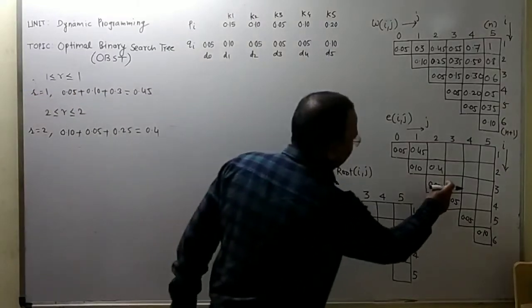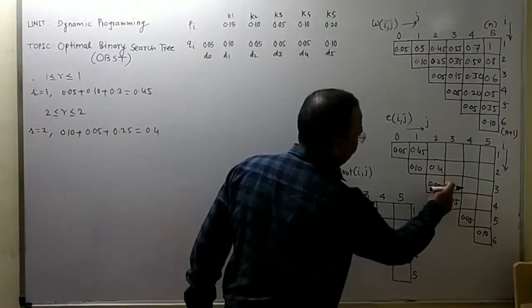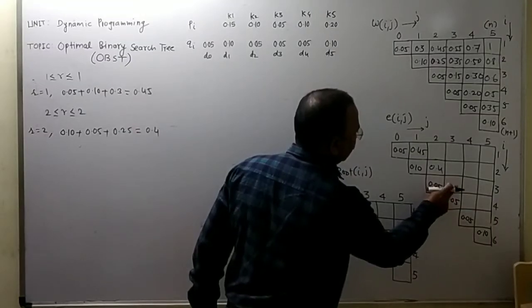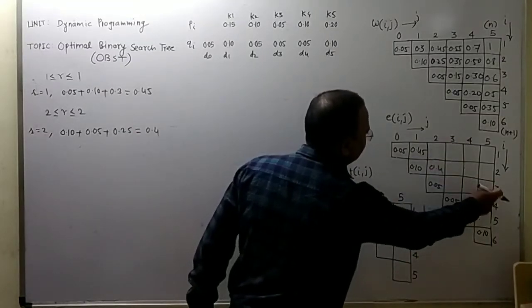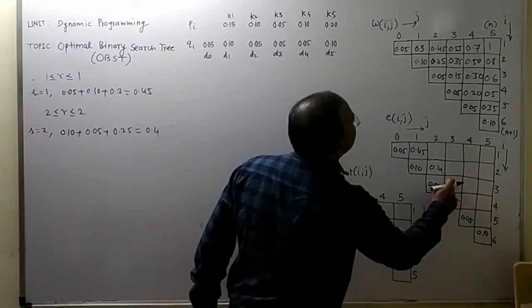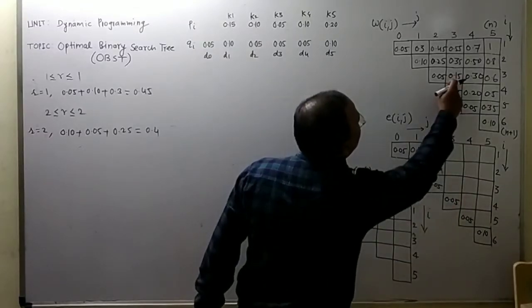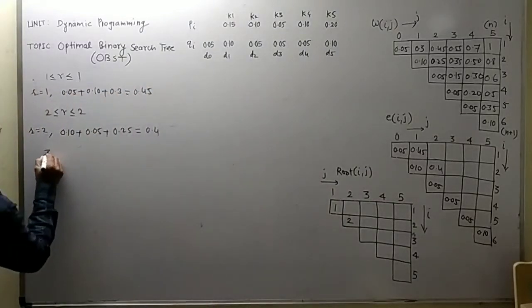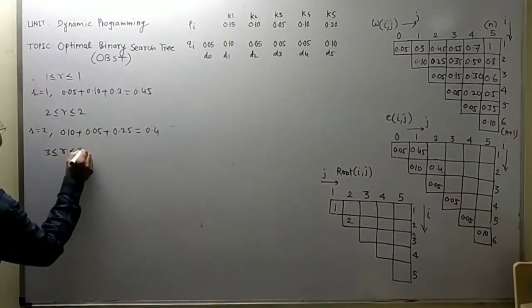Then find out the value for this cell. For that we consider the left value, down value and value at 3 place in W tables, that is 0.15. So write 3 less than or equal to R less than or equal to 3.